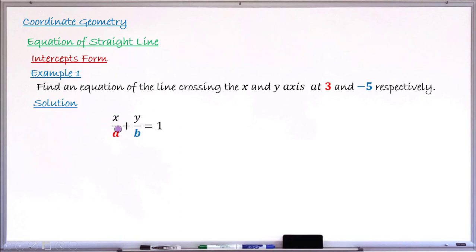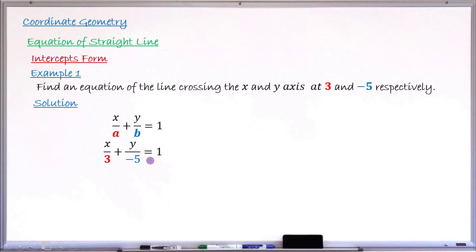Remember, it says x over a plus y over b equals 1. Your a is the point where it crosses the x-axis, in this case 3. And your b is the point where the line crosses the y-axis, in this case minus 5. Substituting correctly, you now have x over 3 plus y over minus 5 equals 1.